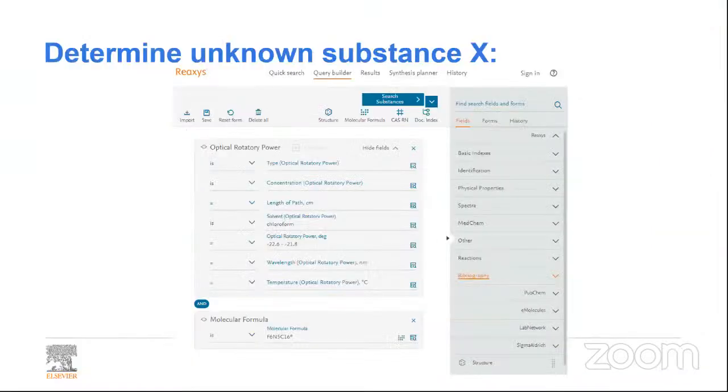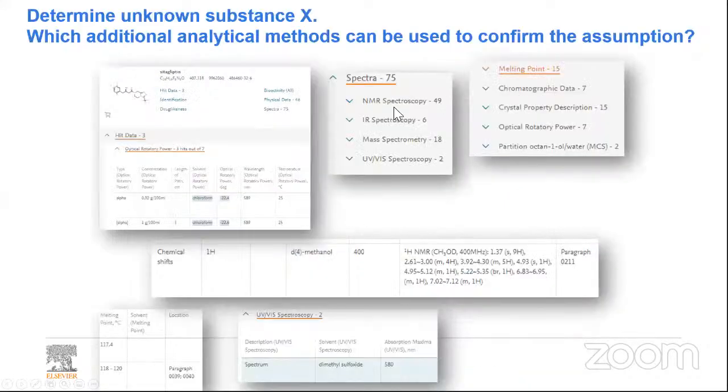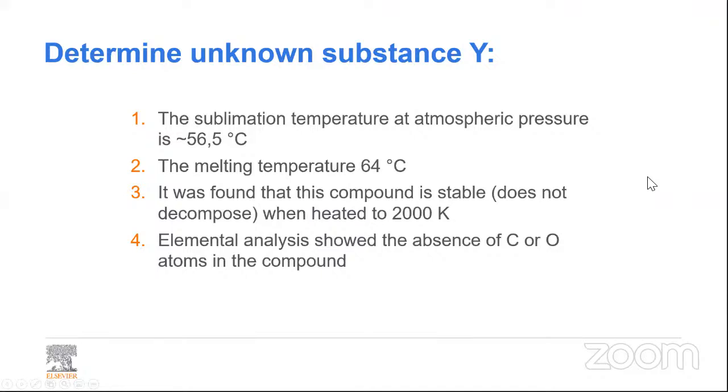It's a really simple experiment. You find this information, and you can understand that you can continue the analysis, for example, with a spectroscopic method to confirm your assumption and understand what your substance is. It's a very simple analytical task.